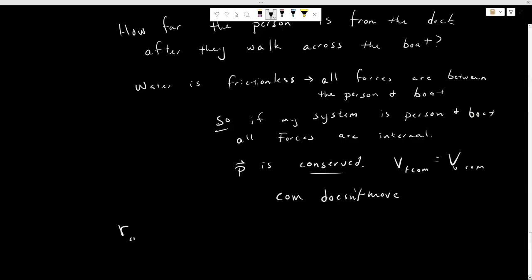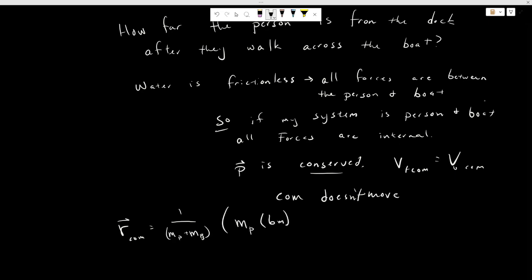So I can find R_COM for the boat-person system is equal to 1 over the mass of the person plus the mass of the boat, times the sum of all the masses and their locations. So the person is at distance 6 meters, and the boat will have a center of mass at its geometric center, which is 3 meters away.